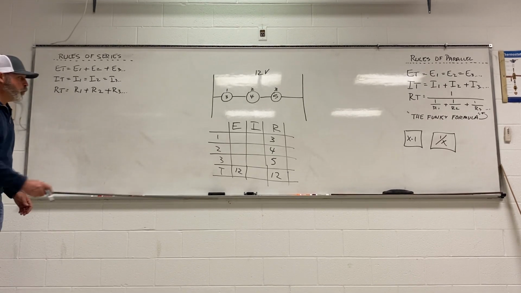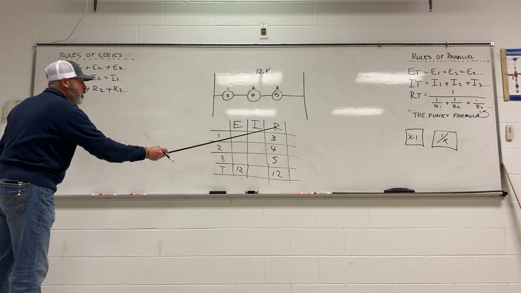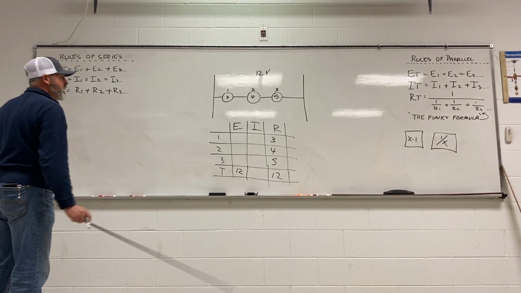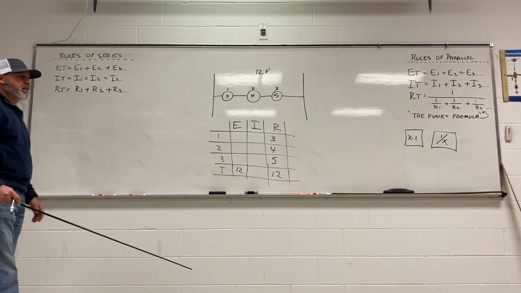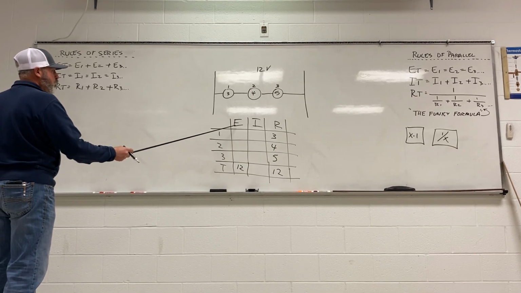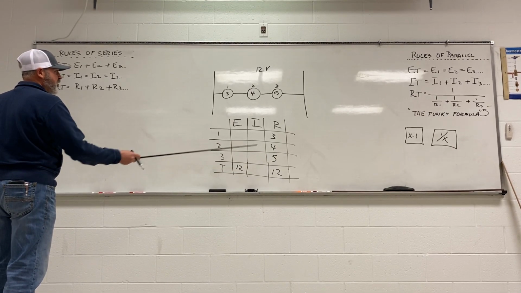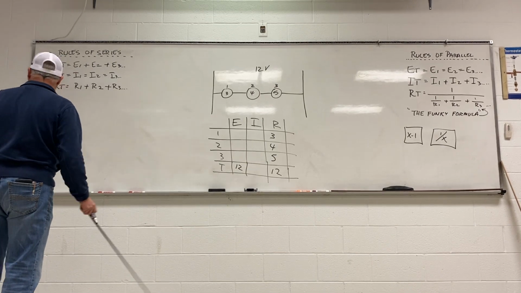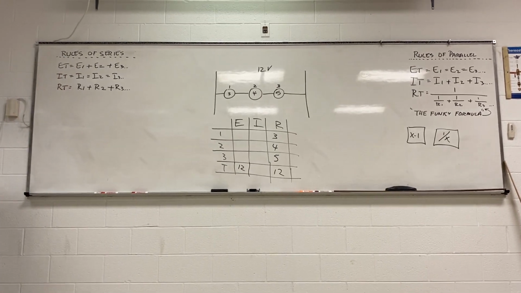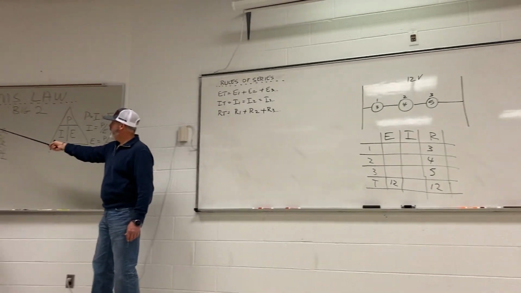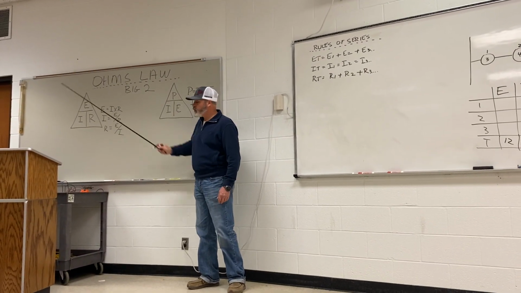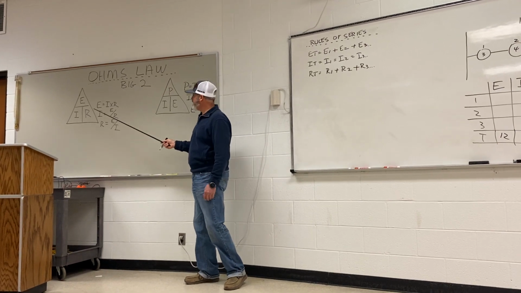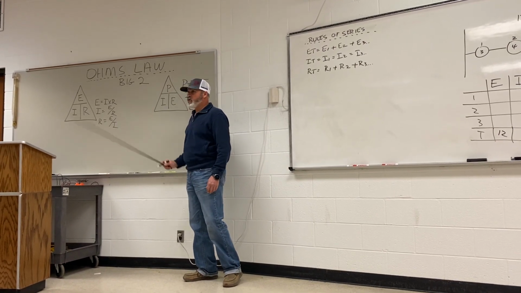Now, do we know 2 of the 3 categories or the properties of electricity? Do we know the total voltage and the total resistance in this circuit? We do, so we can come to our Ohm's law and plug in our total voltage, which is 12, and our total resistance, which is 12.